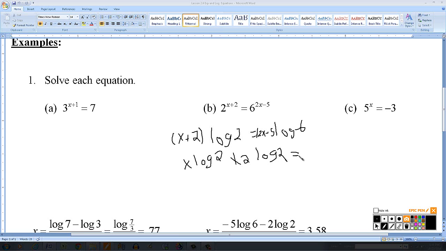So this will be 2x log of 6 minus 5 log of 6. Okay, so just using the distributive property, multiplying here by log of 2, and then on the right side multiplying by the log of 6.